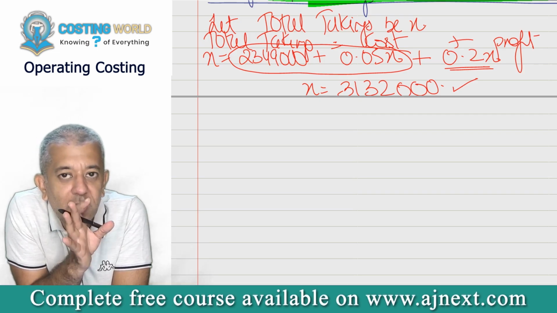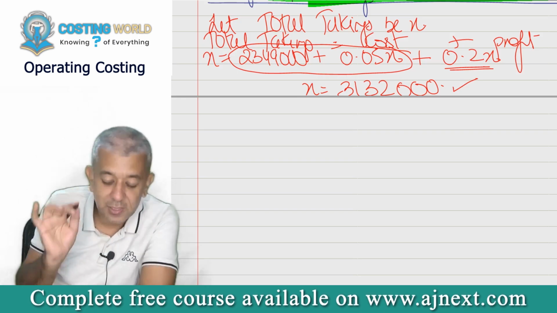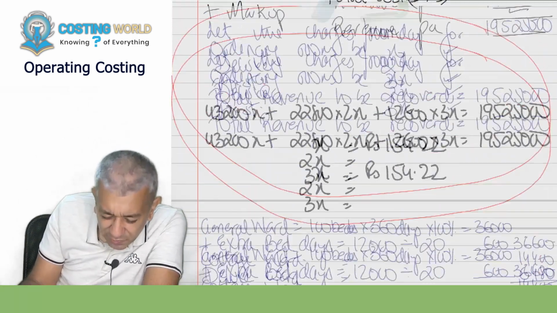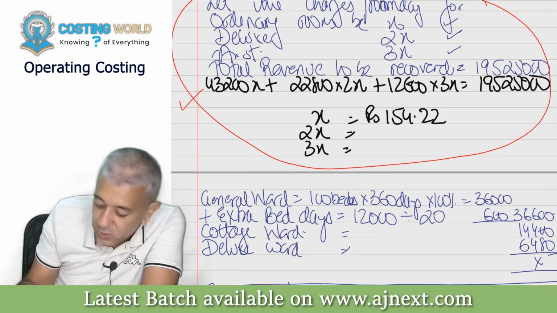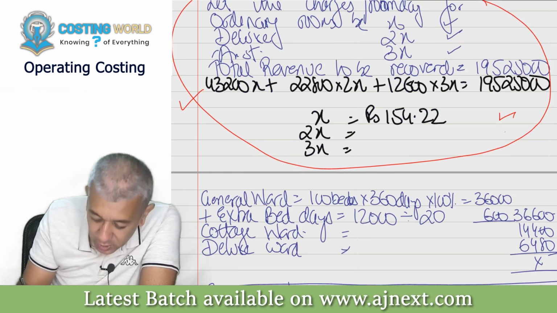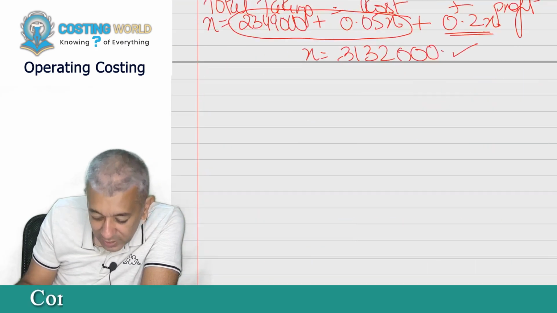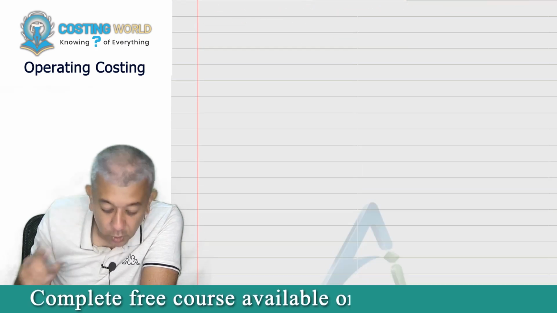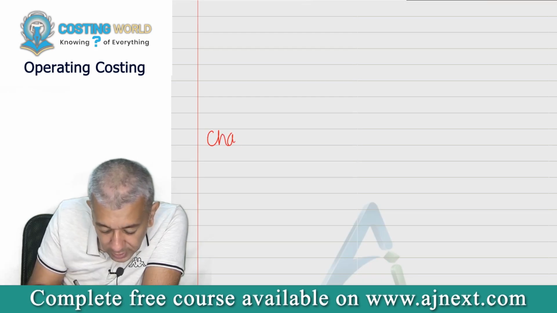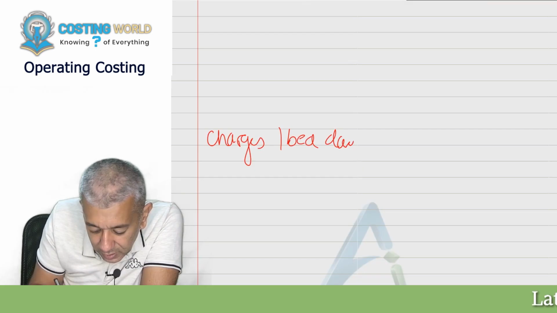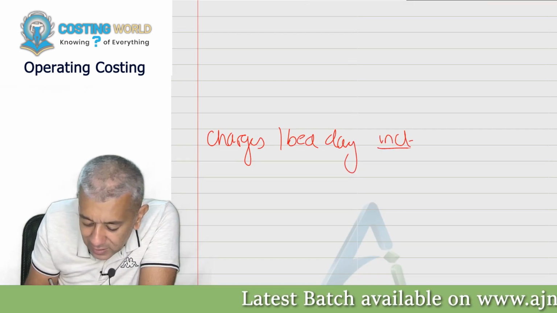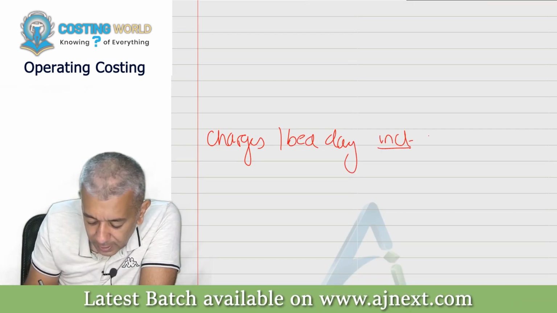Is that all okay? Okay, listen. You are going to be writing everything exactly like your previous question. But once this part is finished, you will be getting x, 2.5x and 5x. Once you get those 3 answers, you are going to be writing once more charges per bed day, including, can somebody tell me 3 letters over here?